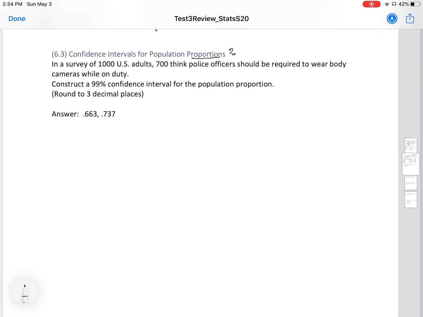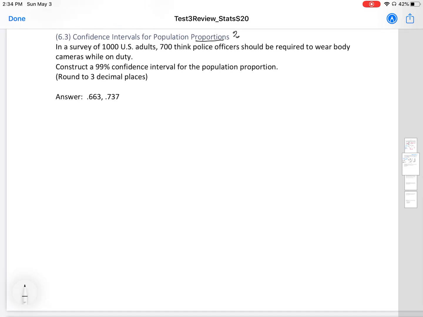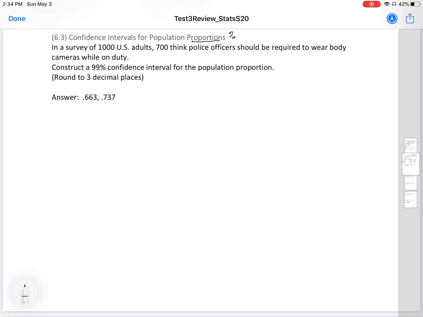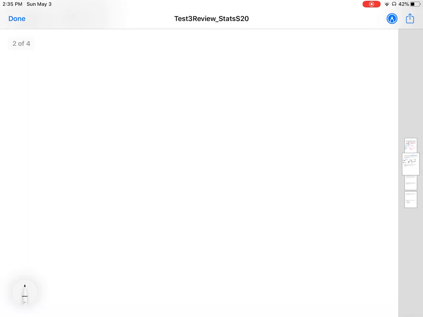Okay, so for this one, when we're working with confidence intervals and proportions, our calculator command is stat, then test.